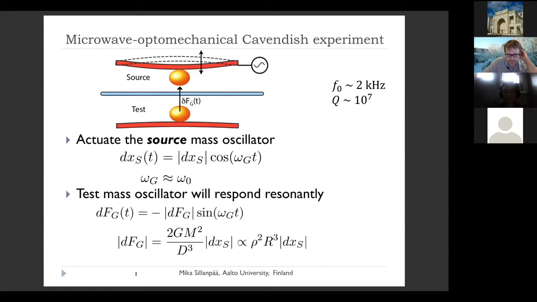It will feel this kind of force, and that is proportional to the size of the spheres to the third power. So this depends strongly on the size of the spheres and rather strongly on the density. So the material has to be as dense as possible, and that's why we use gold.